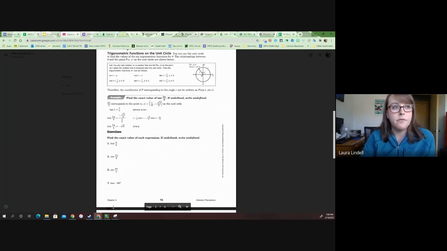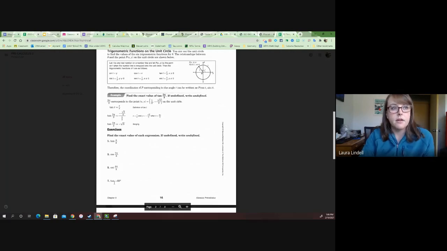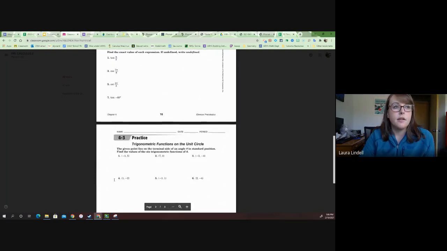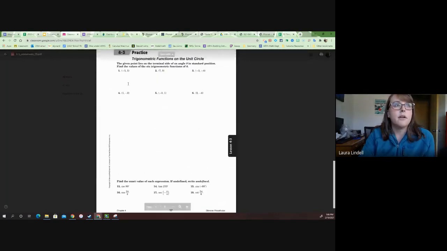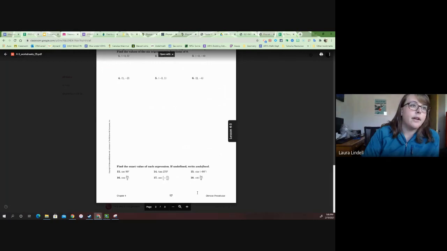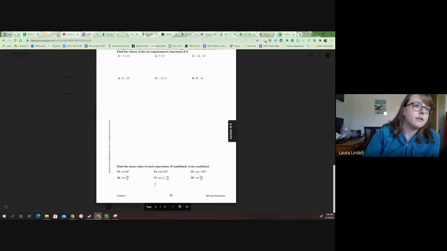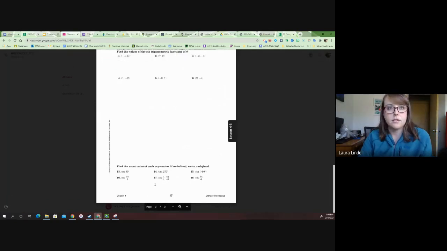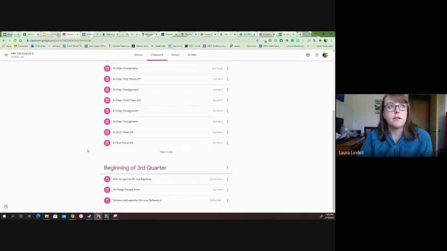So on a few of these, like that one, that's what you're going to have to do before you can look at the unit circle and find that angle. So you'll have 4 like that there, and then you've got some more just like it. You've got 6 that are like that first kind, and then you have 6 more down here that are like that second kind. Okay, so that's your assignment for today.